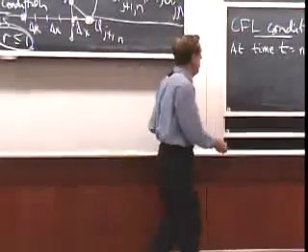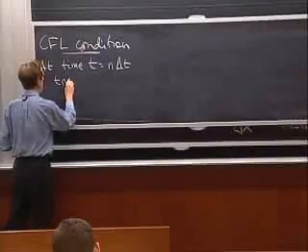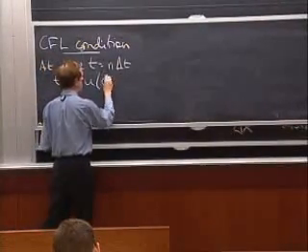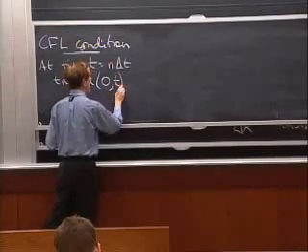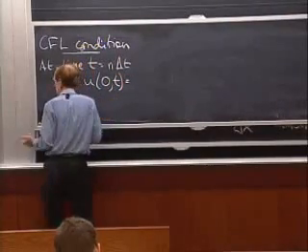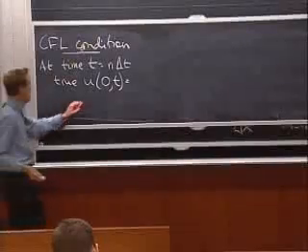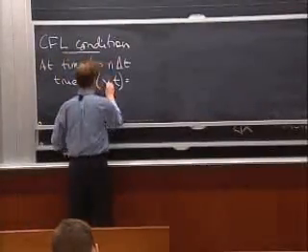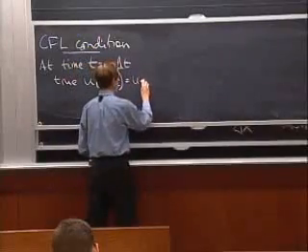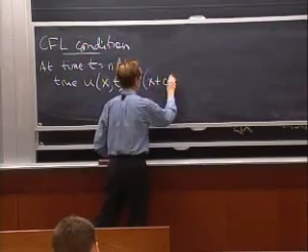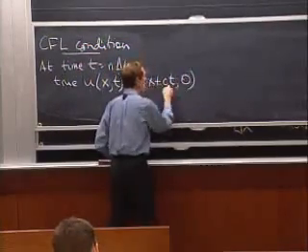Then the true u at x and t, because we know the true solution, is the initial function at the point x plus ct.